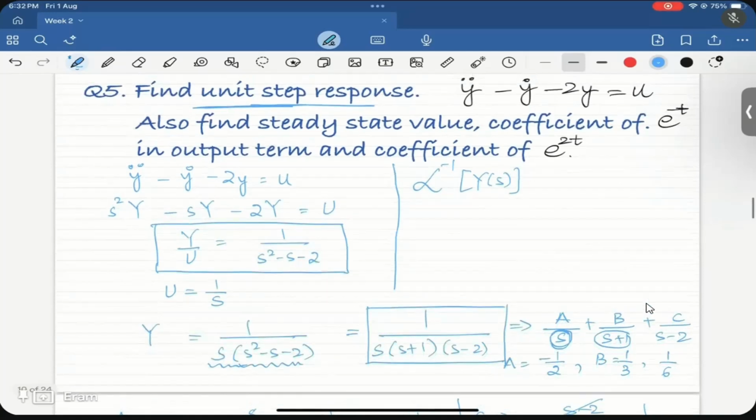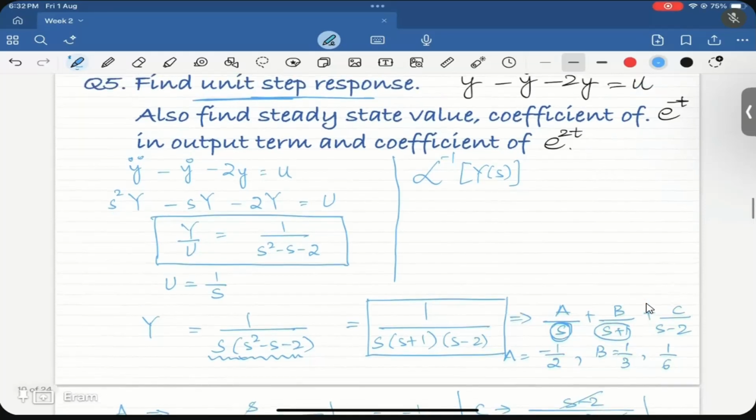Now with the coefficients, this function will become what? This Y(s) will become minus 1 by 2s plus 1 by 3(s plus 1) and 1 by 6(s minus 2). Okay, now find out the inverse Laplace of this.